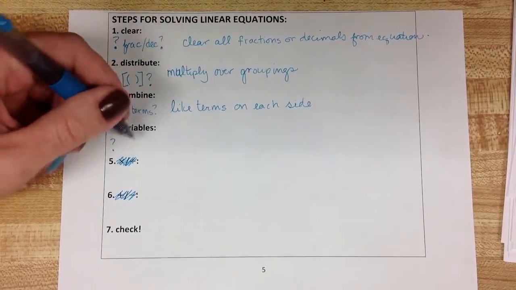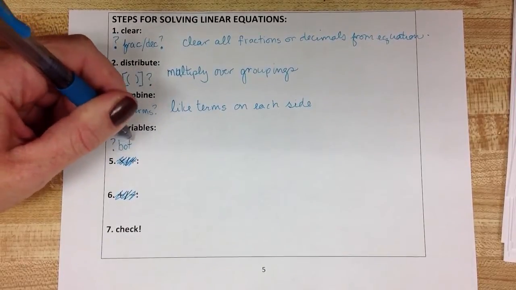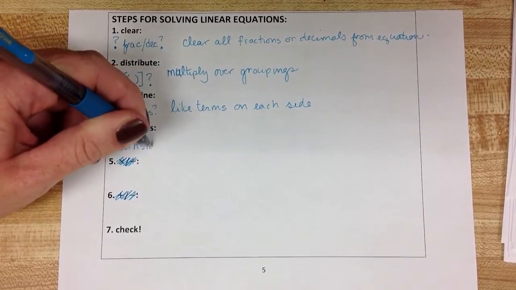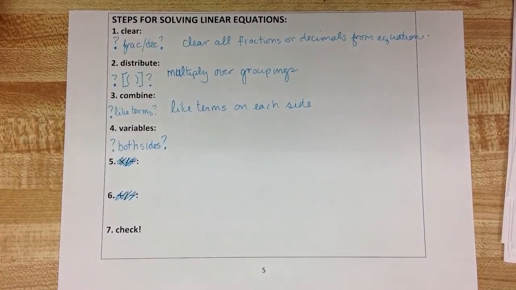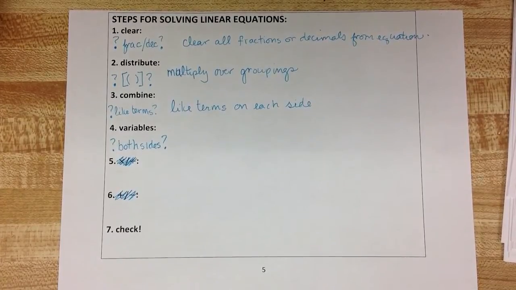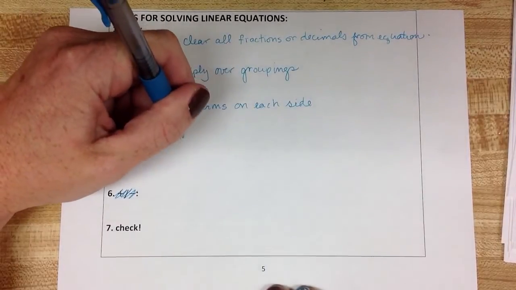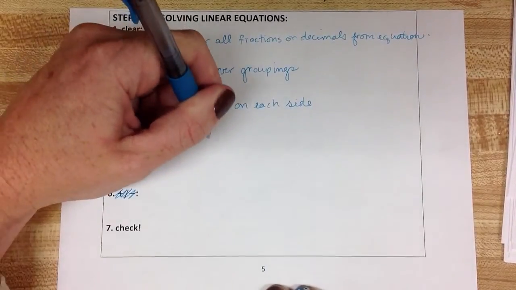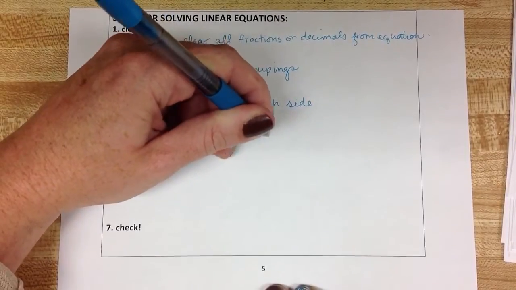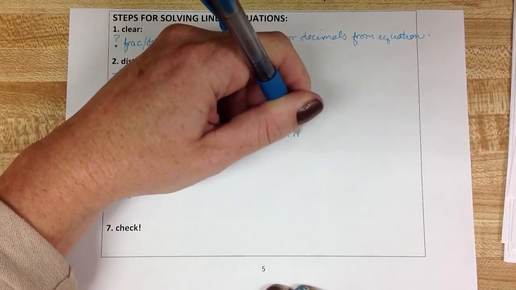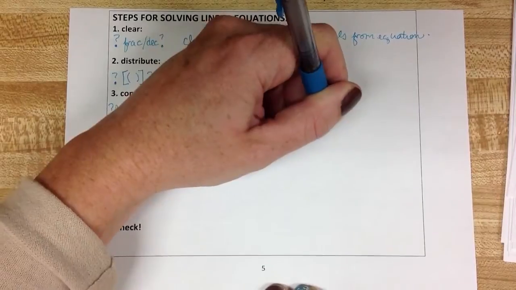So our next thing is to ask yourself, are there still variables on both sides? Do you have an x in your expression on the left? And then also, do you have an x in the expression on the right? If you do, you're going to move all variable terms to one side.